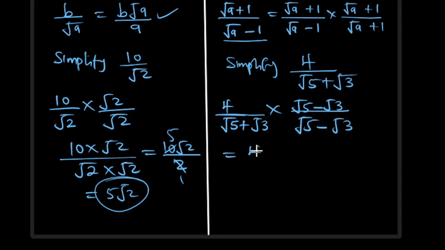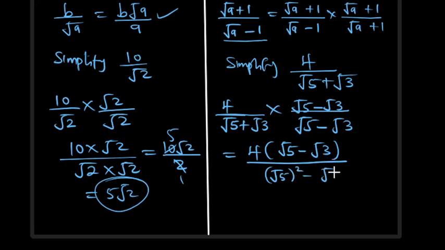This will give us 4 open brackets root 5 minus root 3, divided by, now if you see this multiplied by this, it is a difference of two squares, so that will give us root 5 squared minus root 3 squared.